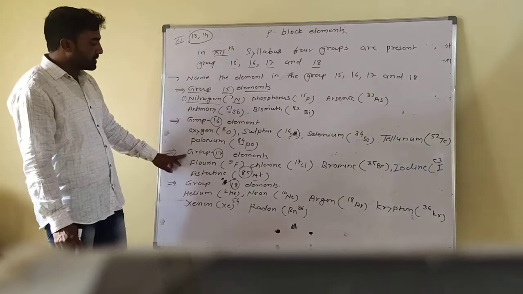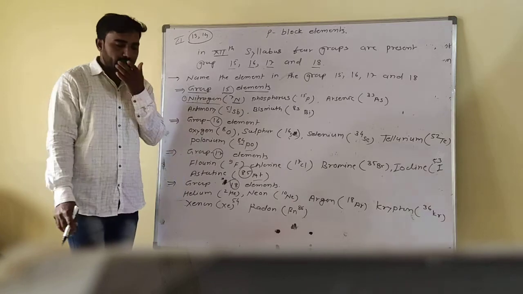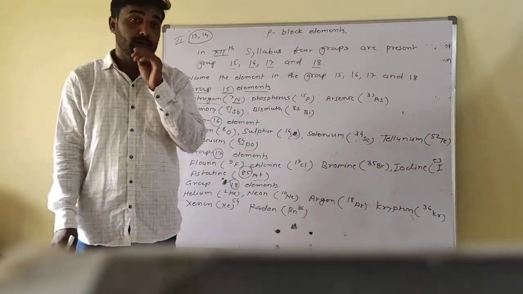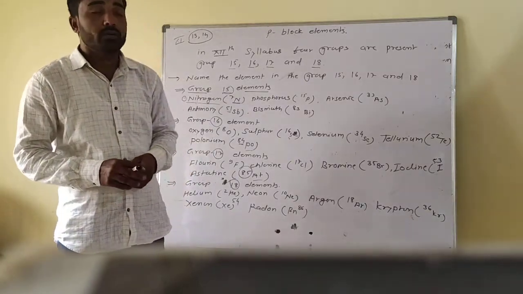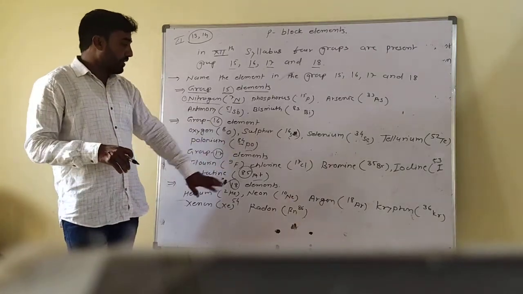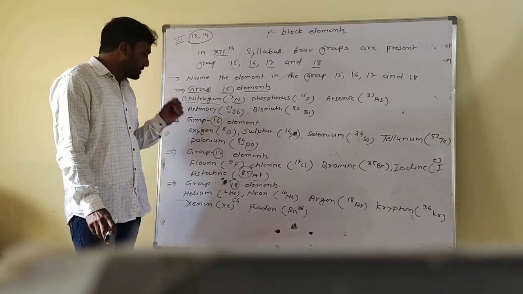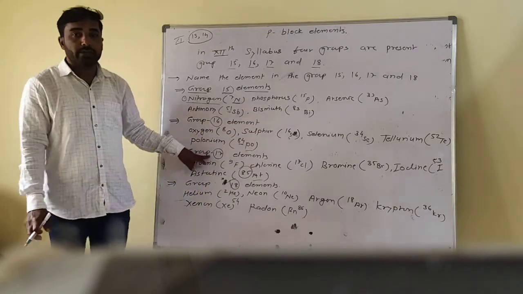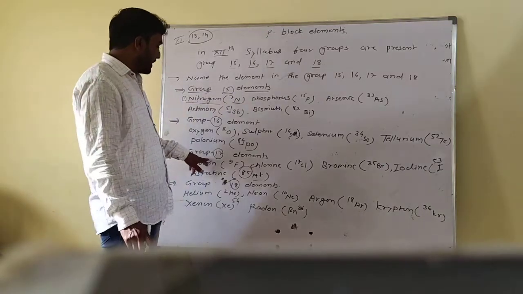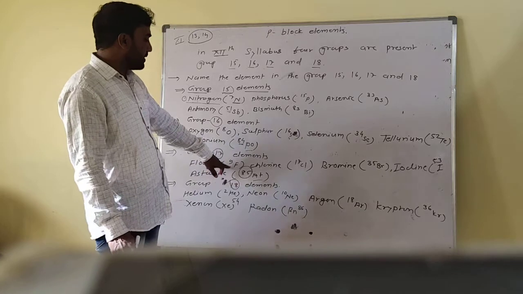Now the third group, group 17, includes the halogens: fluorine, chlorine, bromine, iodine and astatine. This is the halogen family. Fluorine has symbol F, atomic number 9.